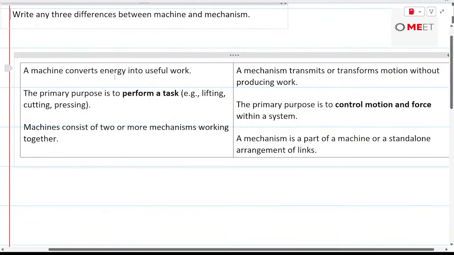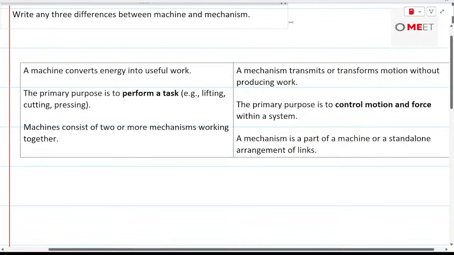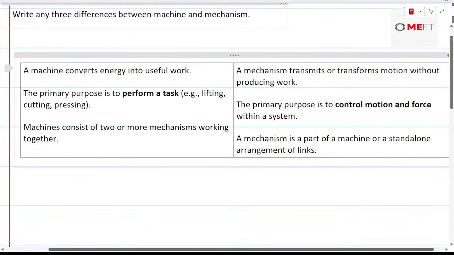Write the differences between a machine and a mechanism. A machine is a device which converts energy into useful work, whereas a mechanism is associated with transforming and transmitting motion without producing work. The primary purpose of a machine is to perform a task.